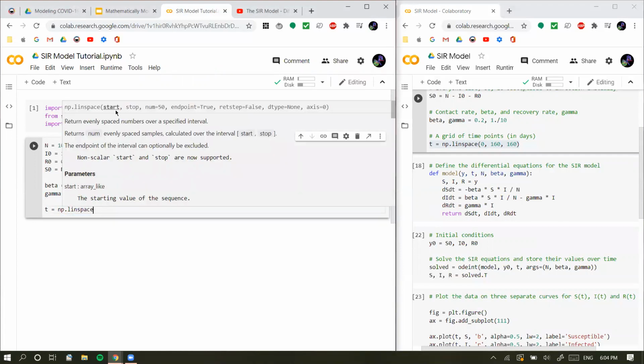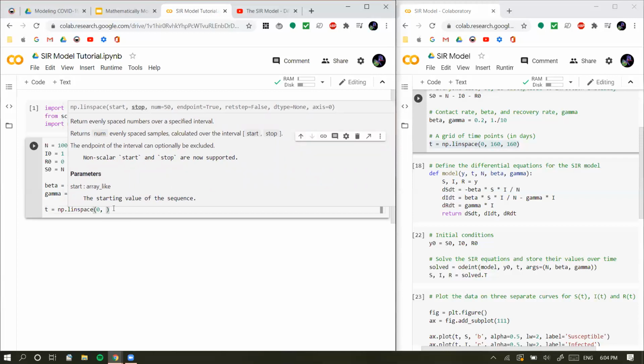The way this works is you have a start number, and we start at day 0, and you have a stop number, we stop at day 160, which is the ending, and you have a number of evenly spaced segments along that period. This is how it's going to know how frequently to split it up.